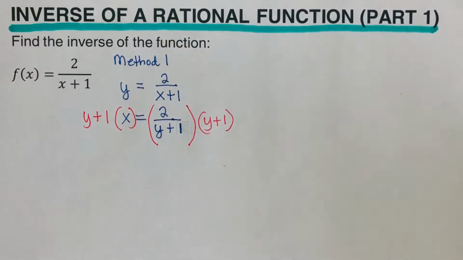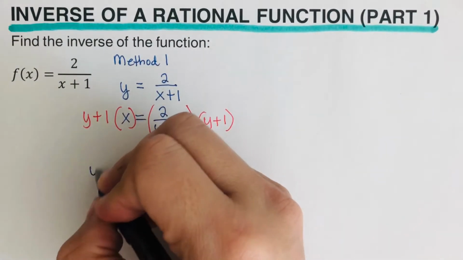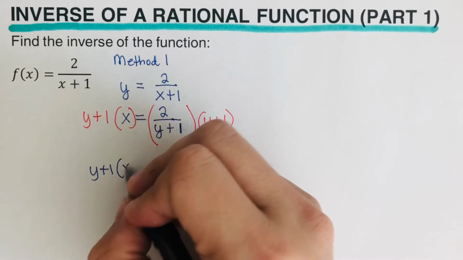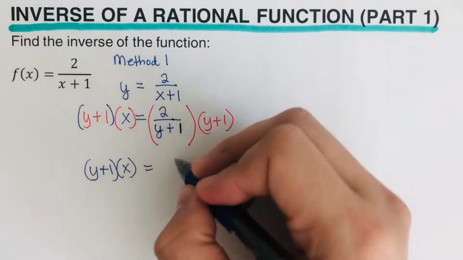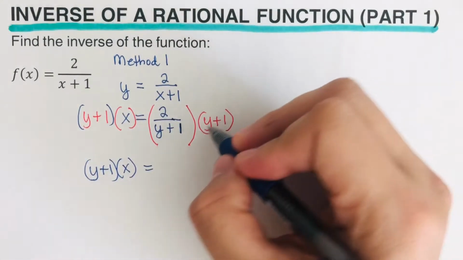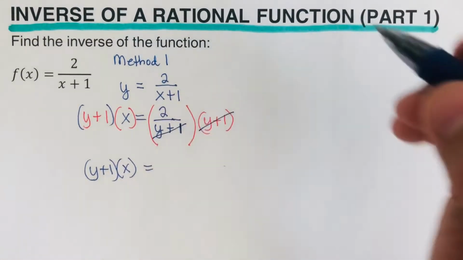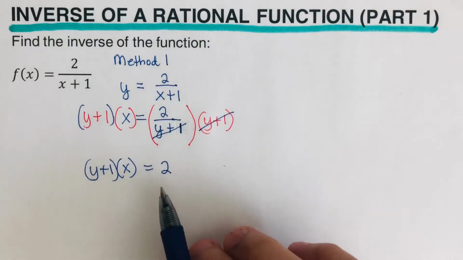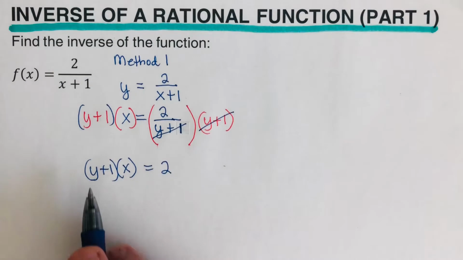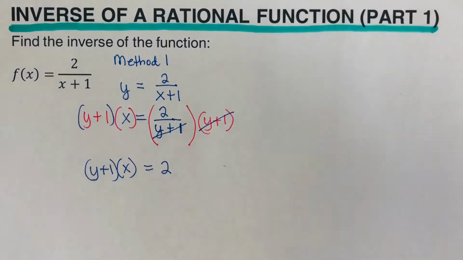So then our equation would come out y plus 1 times x. Again, that is multiplied to both sides, and that is equal to, we can cross out this y plus 1 and y plus 1. So then we are left with 2 on the right side. We want y by itself, so we can go ahead and divide both sides by x.